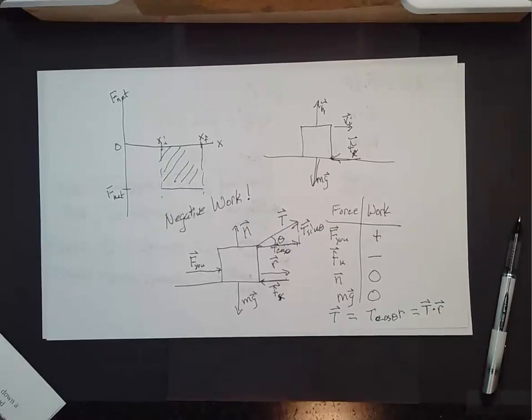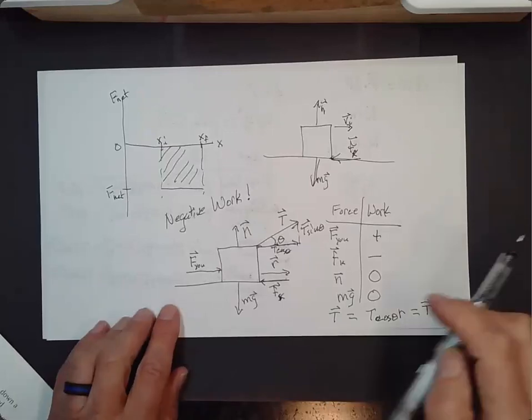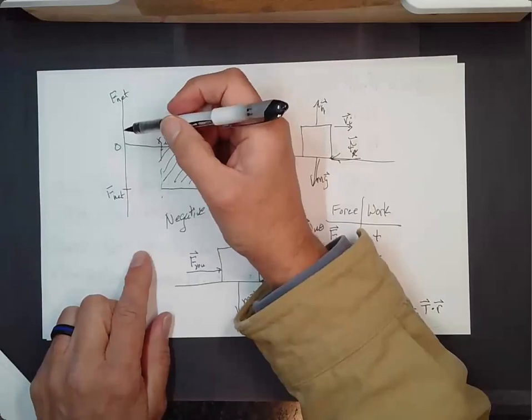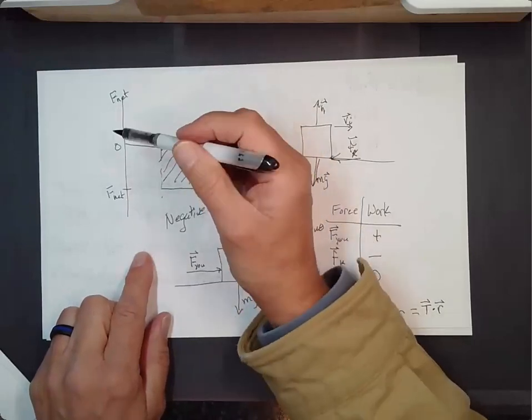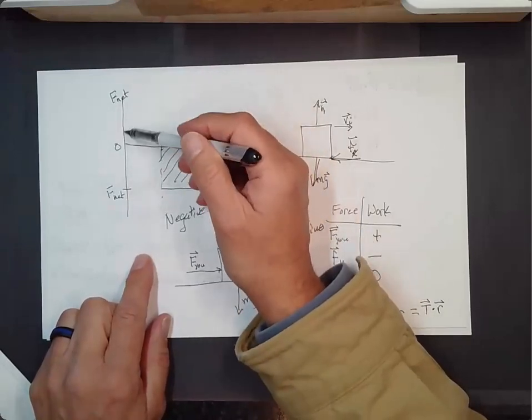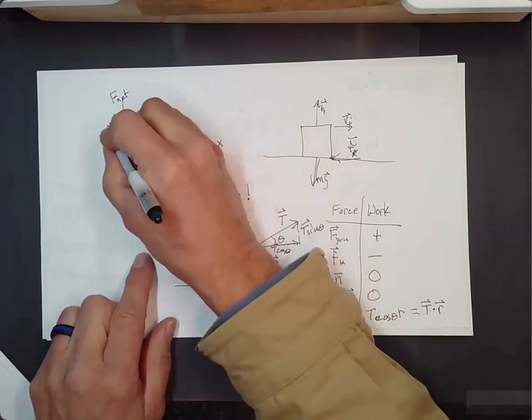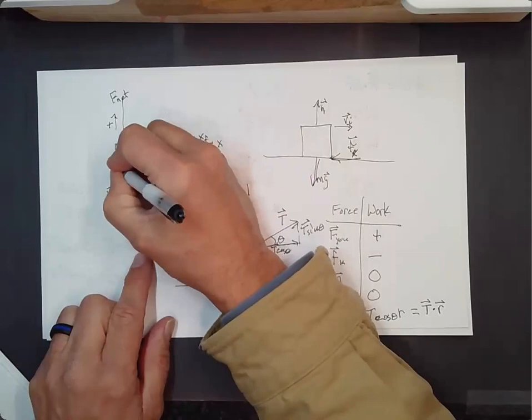Can you explain that diagram on the left a bit more? We would have F net below 0. What this would mean is that positive is up on this axis and it's below 0.